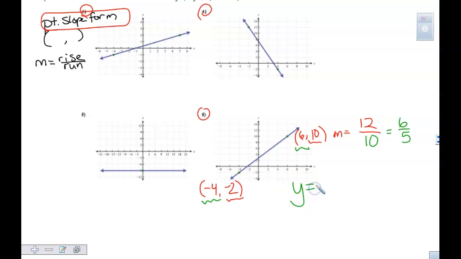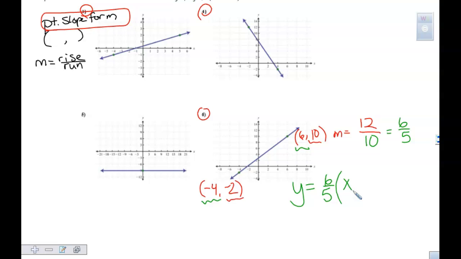Y equals. Start me off, Olivia. 6/5. Do you want parentheses? Yes. Okay. X minus what? That depends what point you're using, right? Which one do you want to use? 6.